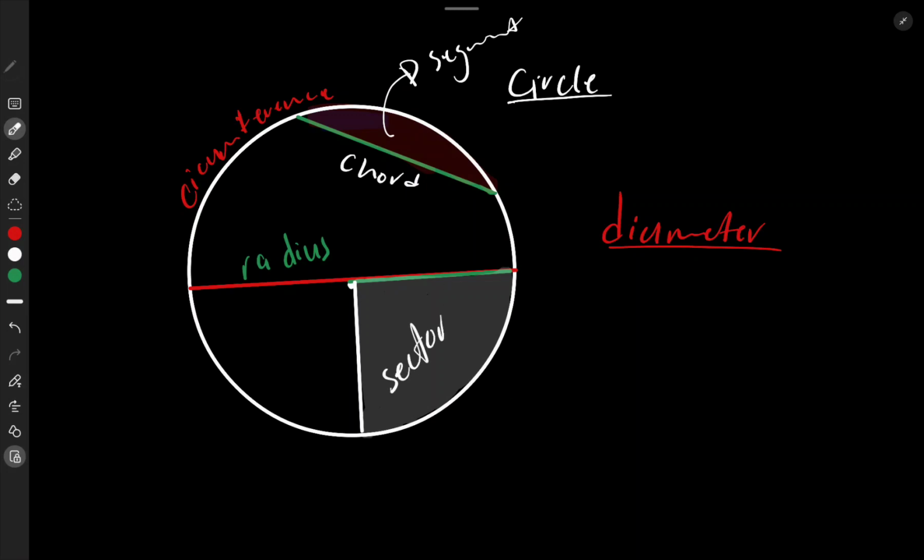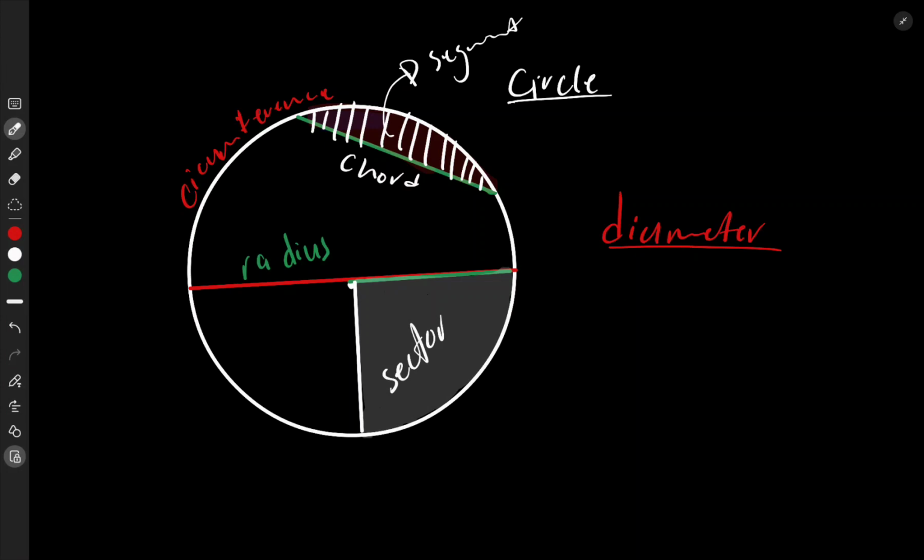This is a sector. Okay, so a sector is just a piece of pizza. And this one is just some small piece. I don't know what you call it. I don't have a literal meaning for it, but this one is a pizza slice, and this one is just a corner pizza slice.